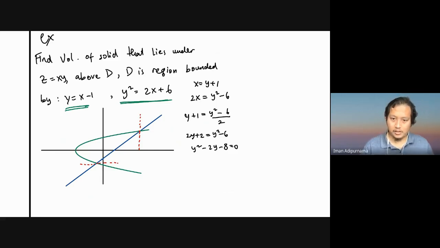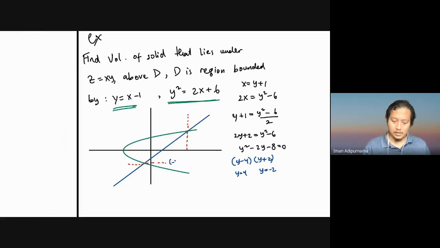From here, we get exactly 2 points. And that's the point that we want to observe, right? This is -2 and this is 4.